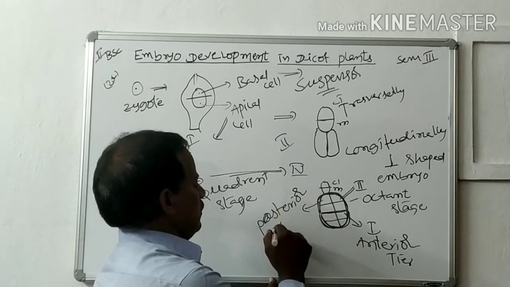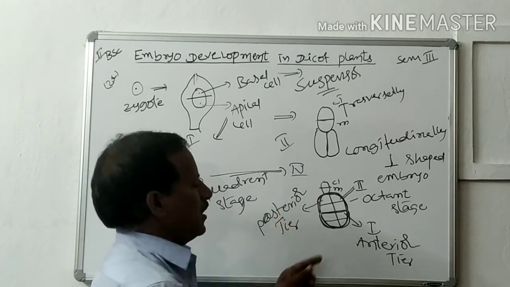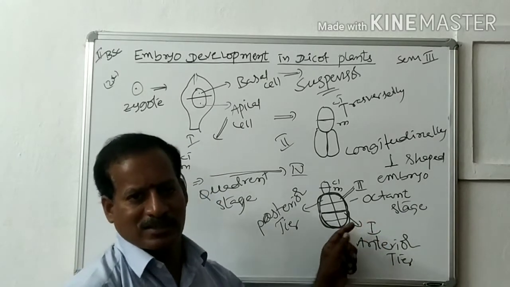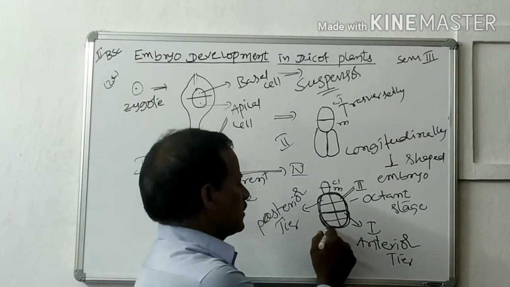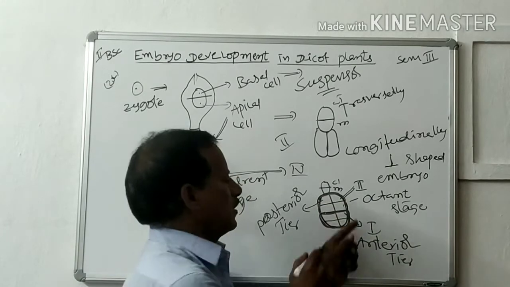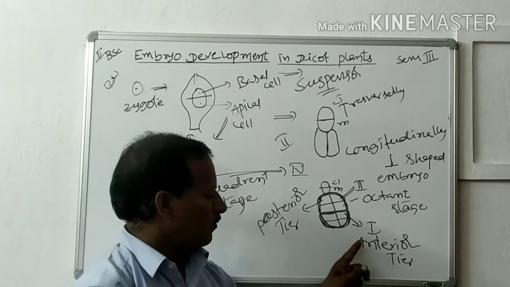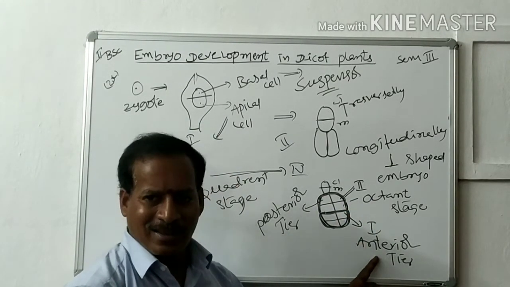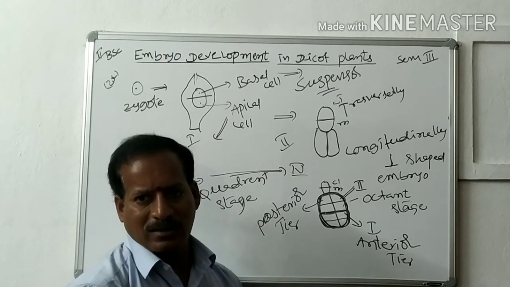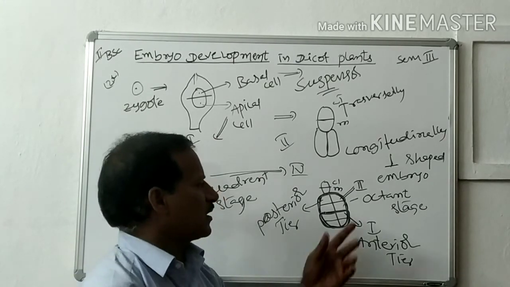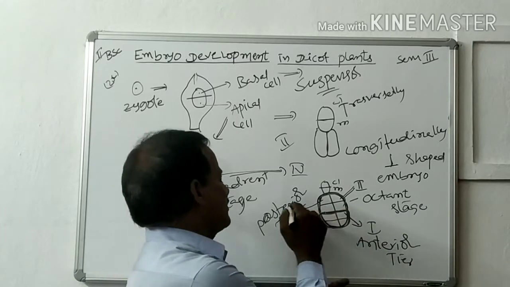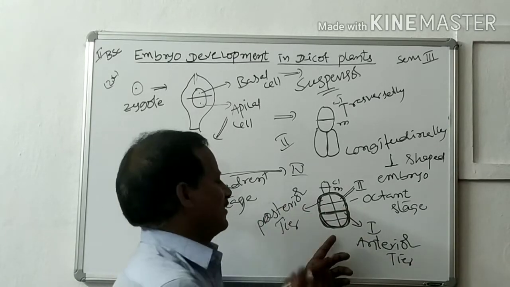The first tier is considered the anterior tier, and the second tier is considered the posterior tier. Understand? The octant stage has 8 cells, 4 cells in one tier and 4 cells in the second tier.